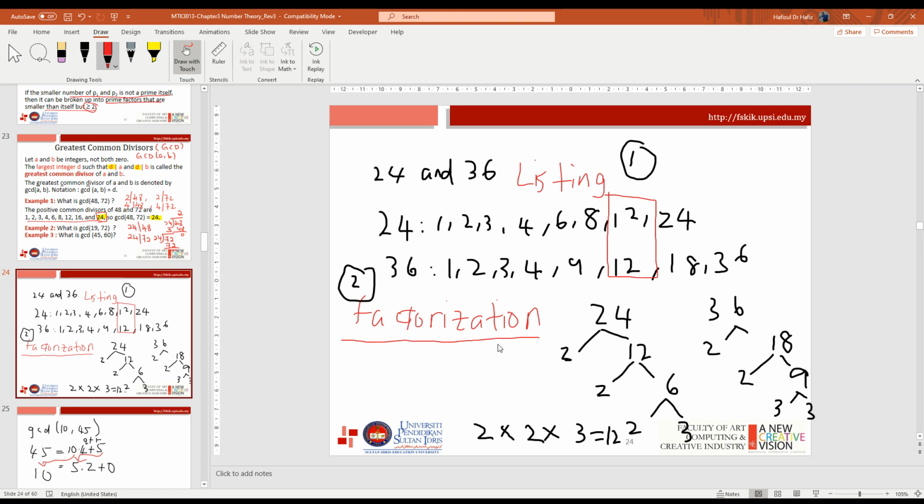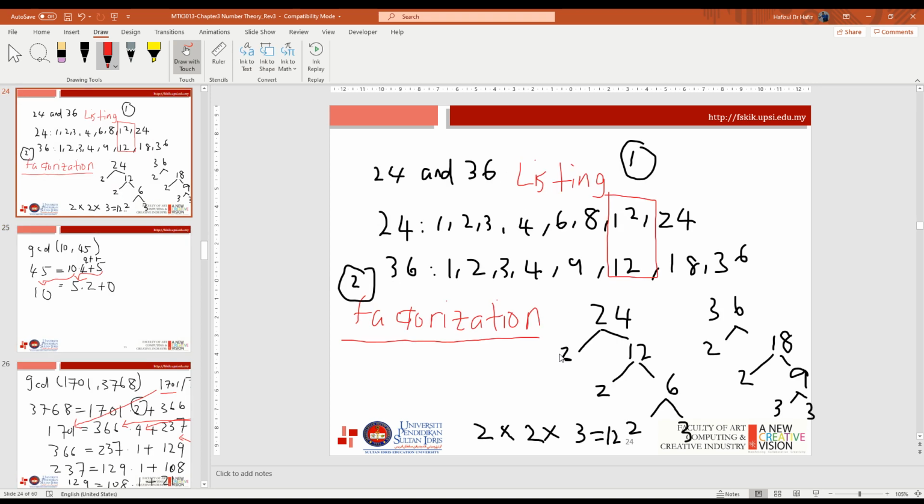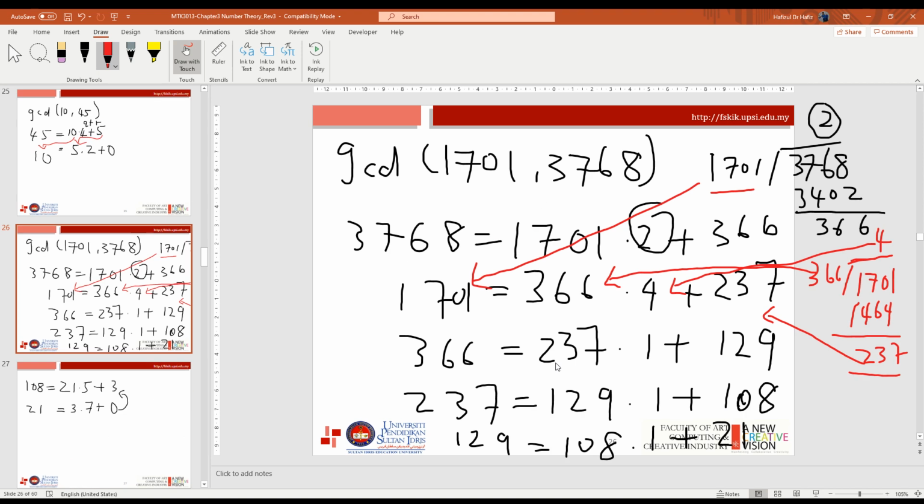And then this one, factorization by using factorization. Okay, 24. As we listed before, we can find 2 multiplied by 2 multiplied by 3 is equivalent to 12. This one is factorization. And then the last one is Euclidean algorithm. Later we will see. Okay.